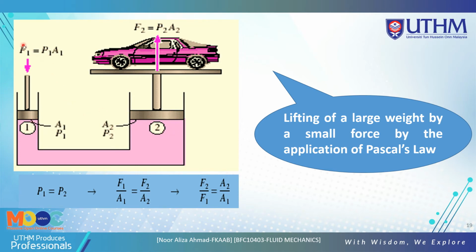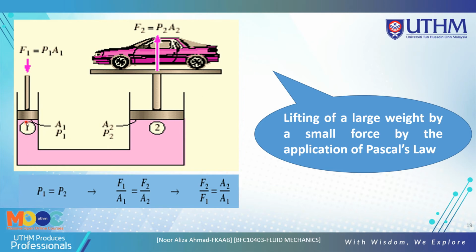We know that force F1 is pressure 1 times the area of 1 here, the area of this part. Also P2 is the pressure at 2 and area 2 here. So they have the pressure to uplift the car here.